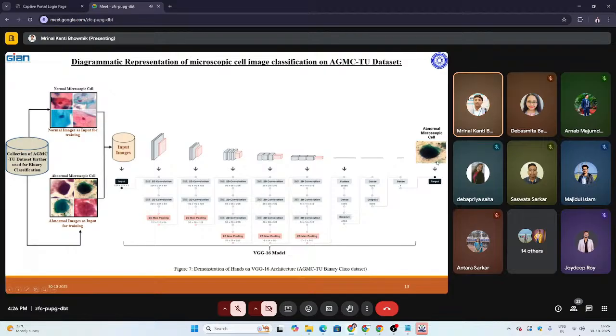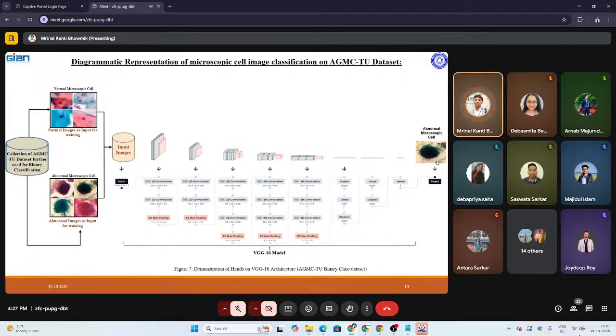While in the code, when we test the image by giving a normal microscopic cell, then it also classifies as normal. I'll be showing the code that I have used. You can see that I have tested giving both normal and abnormal cancerous cells, and my model, VGG16, classified accurately.